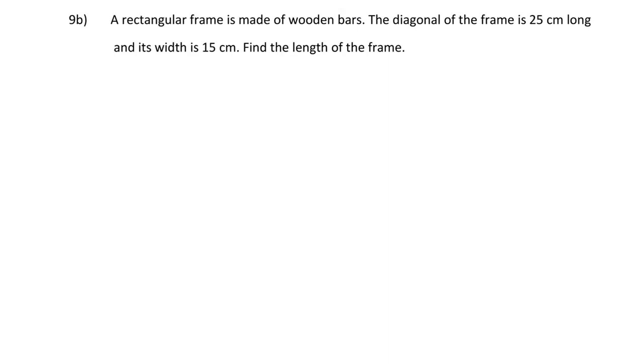Part B. A rectangular frame is made of wooden bars. The diagonal of the frame is 25 centimeters long and its width is 15 centimeters. Find the length of the frame. Okay, so this is a geometric problem, and let us sketch our problem.